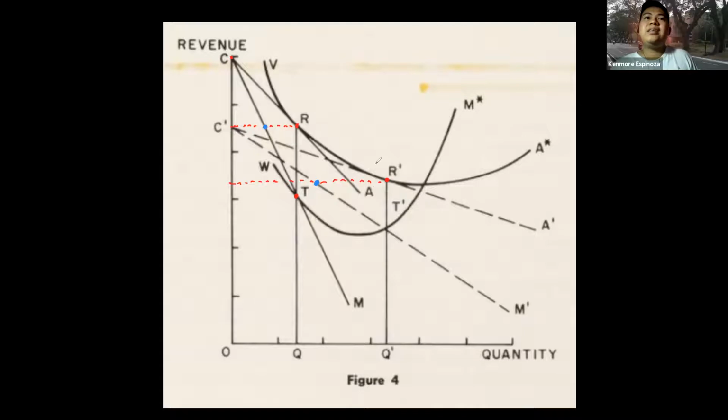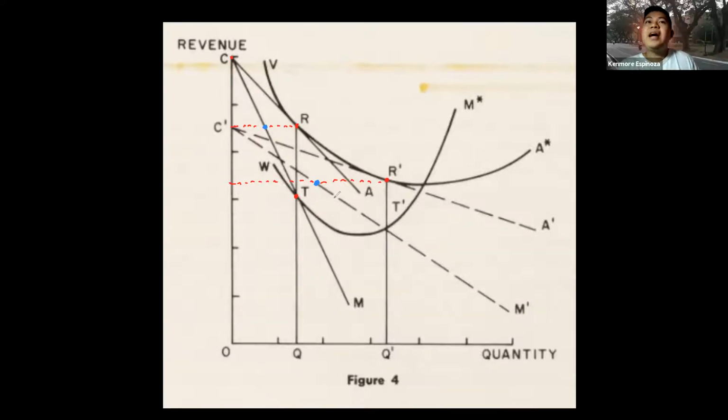So what you do is that at point R, you draw a straight line. That would be A prime. Now, what is the midpoint of your R? It is here, at this blue dot. And starting at C prime again, you draw another straight line to correspond to your M prime.